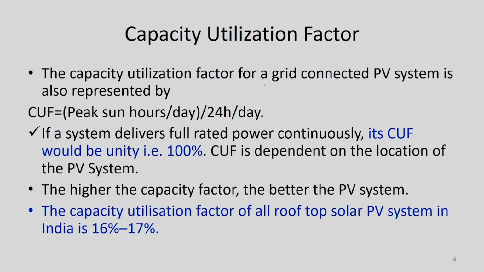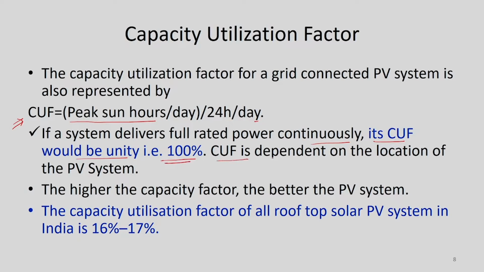This capacity utilization factor for a grid connected system can also be estimated by using this expression. If we know peak sun hours per day and 24 hours per day, this will give the capacity utilization factor. So, if a system delivers full rated power continuously, its capacity utilization factor would be unity, that is 100%.